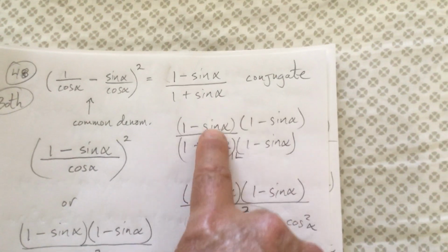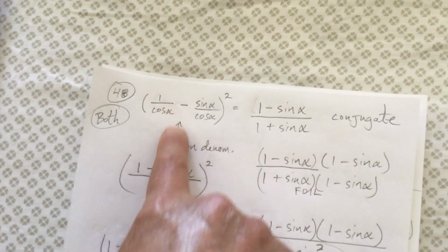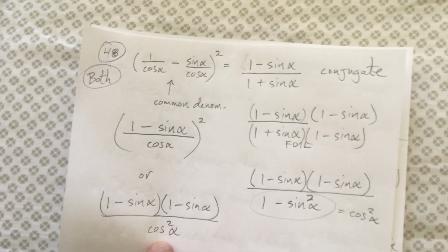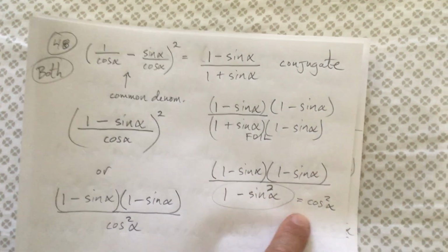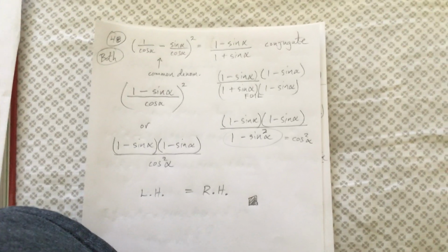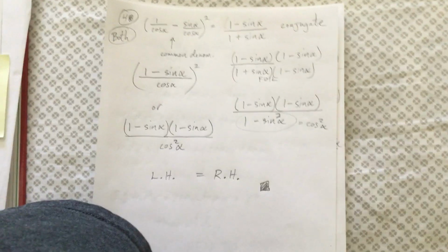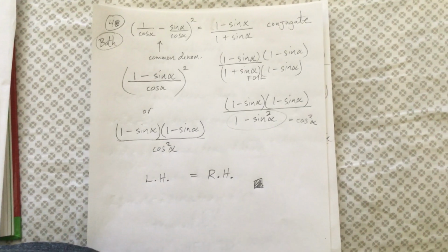Hey, that was the same strategy I tried with the other side. So here I went 1 step, 2 steps, 3 steps, 4 steps, 5 steps, 6 steps, and the left-hand side equaled the right side. Now, when you are doing more than 6 steps, you better hope that it's starting to look less complicated instead of more complicated.